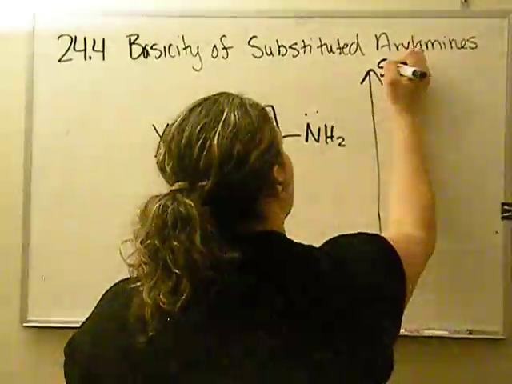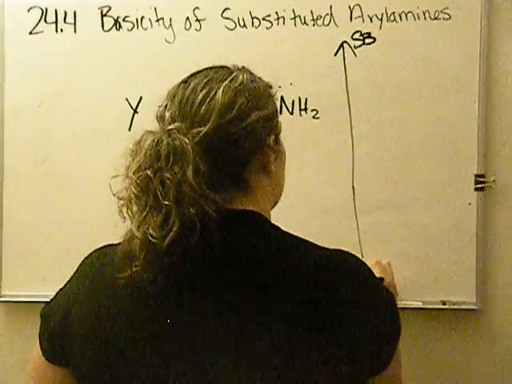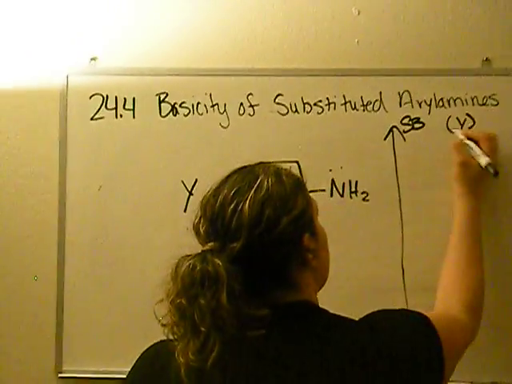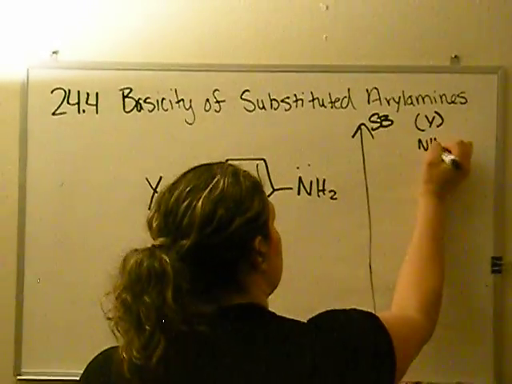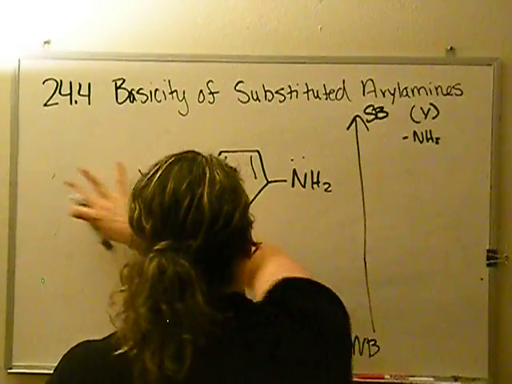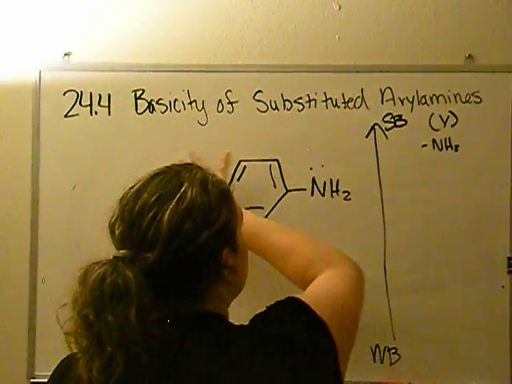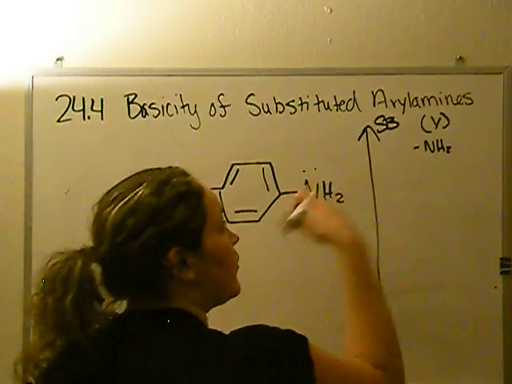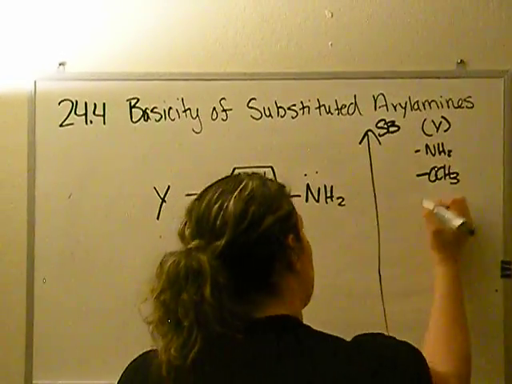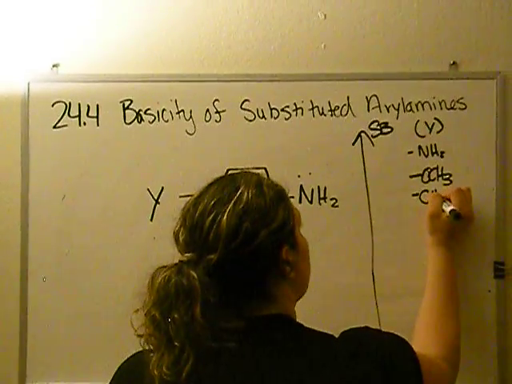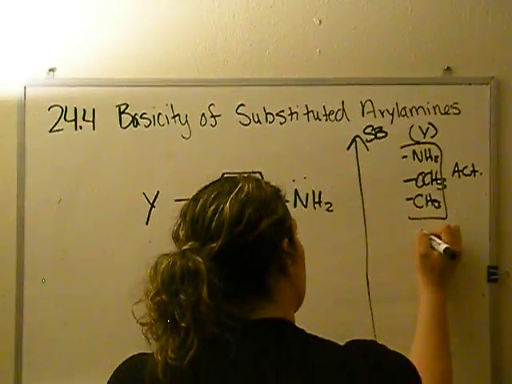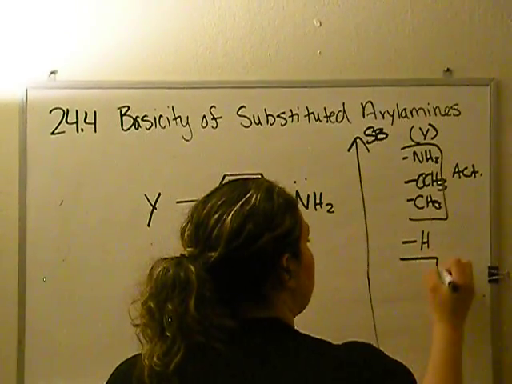and this is strong base, and this will be a weak base. Alright, and these will be the Y's. So we've got the NH2, which is a strong electron donator, so more electrons are going to go into the ring, which will make this side more basic, as well as this and a methyl group. So these are the activators, and then hydrogen's just kind of in there.